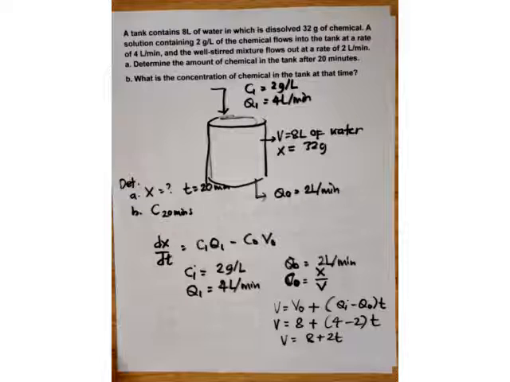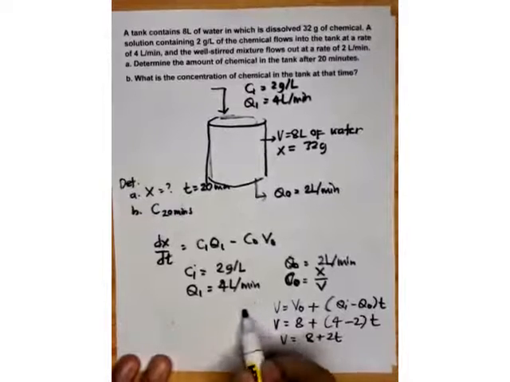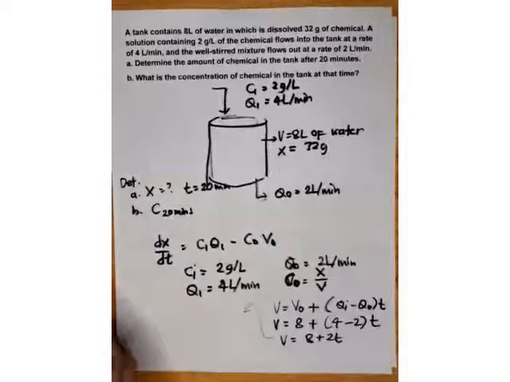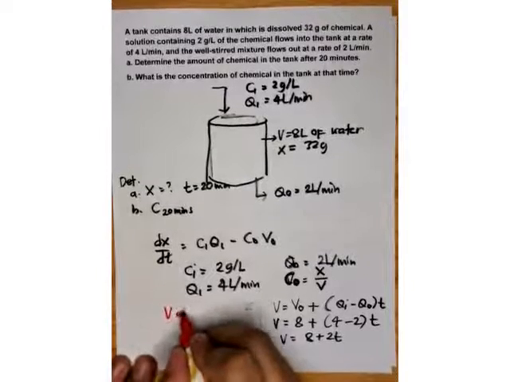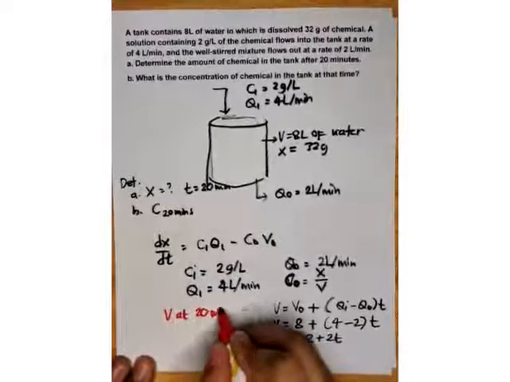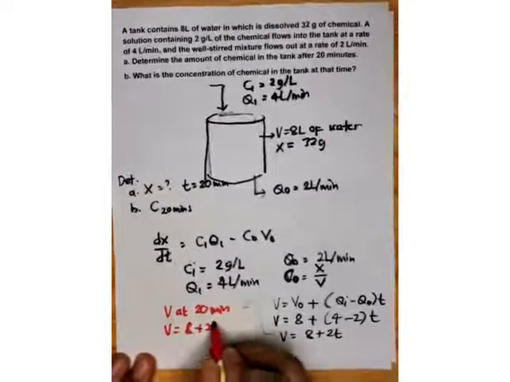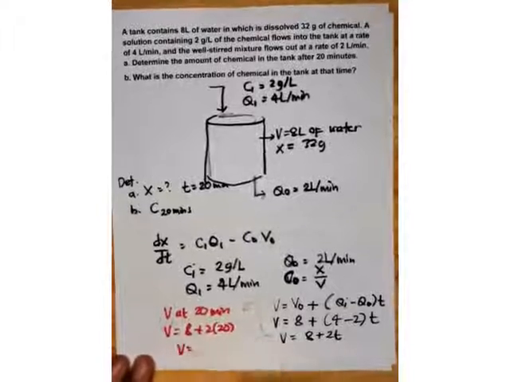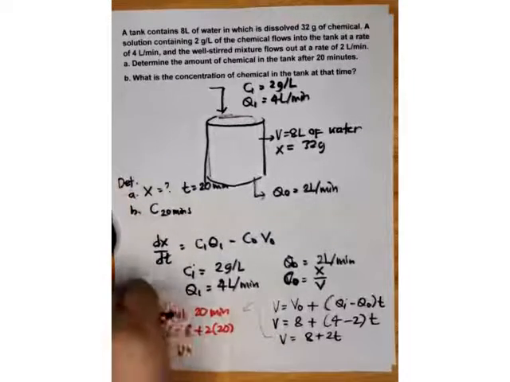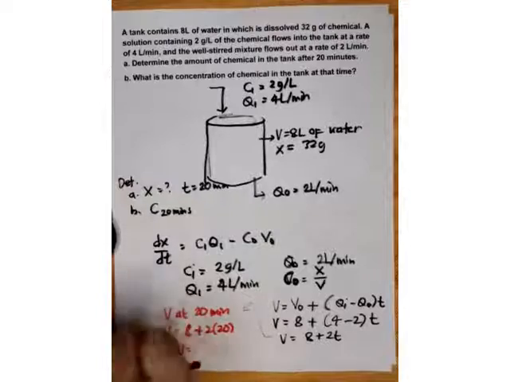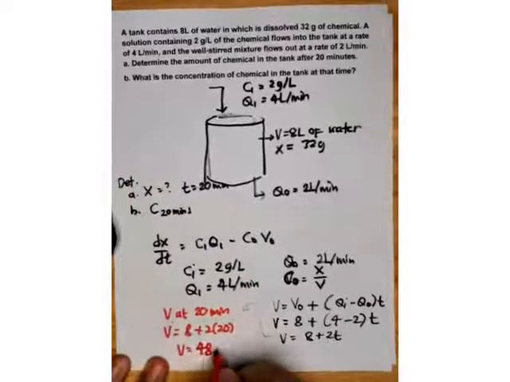Okay, class, we took something here. The volume at 20 minutes will be equal to 8 plus 2 times 20. So volume is 8 plus 2 times 20, 48 liters.